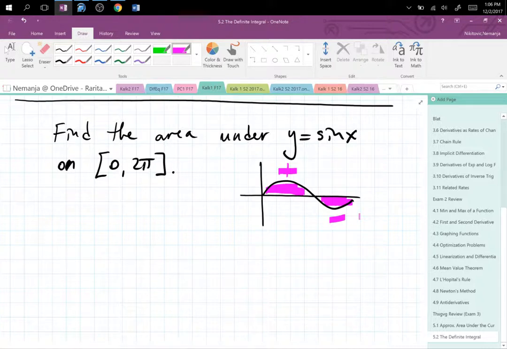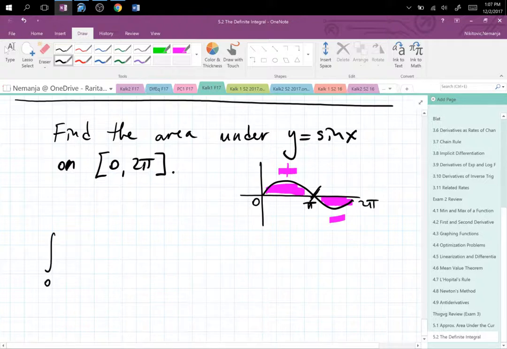So we have to battle that. 0 to 2 pi, and at pi we have to cut there. And that's why we need that formula where I said that your integral can be cut anywhere and you compute two separate ones.